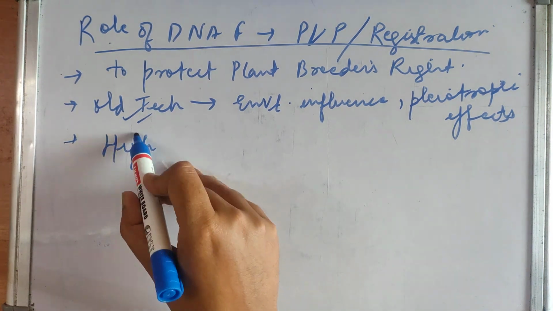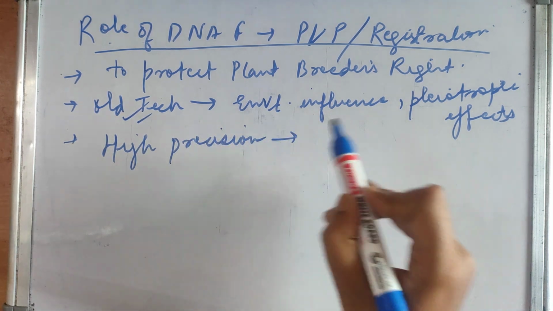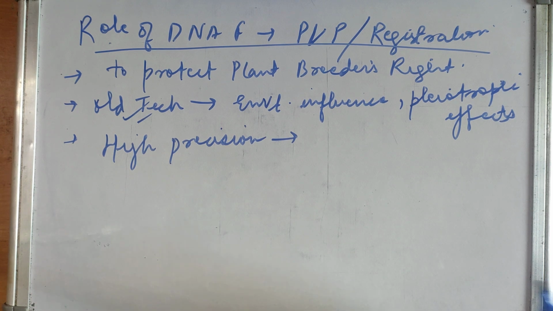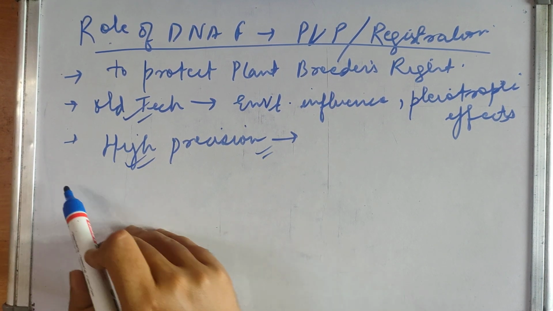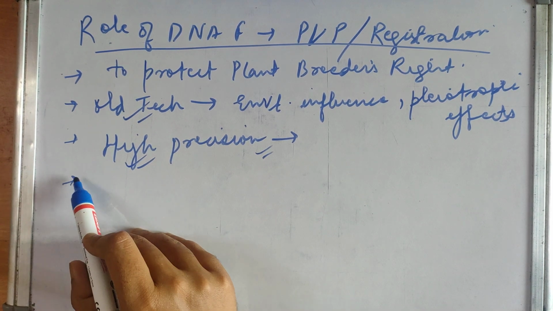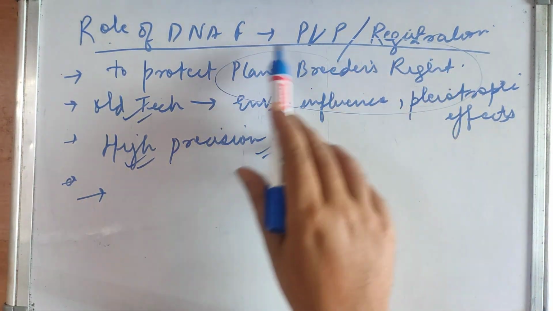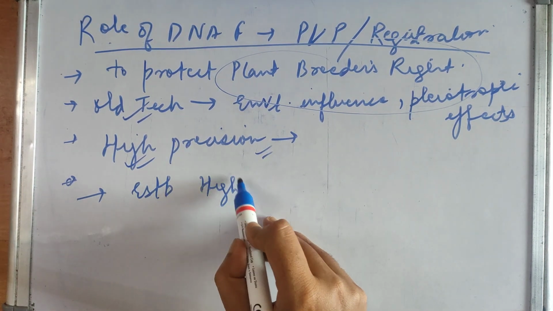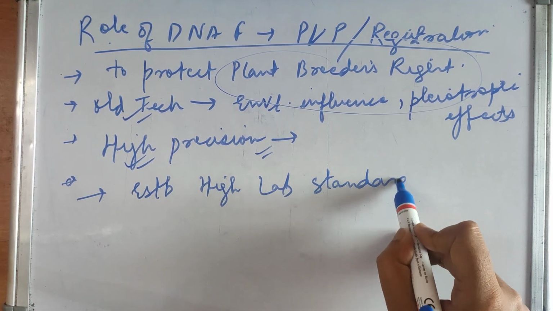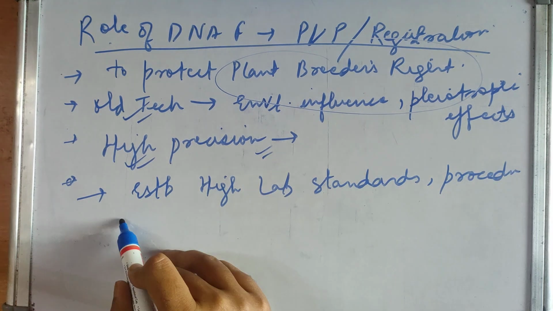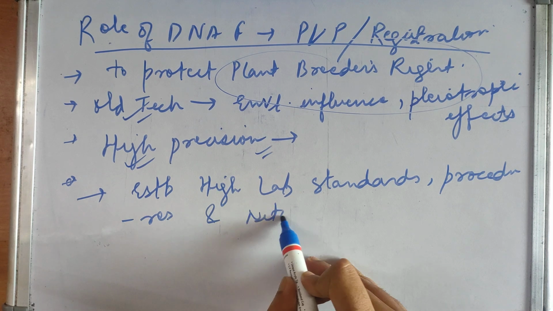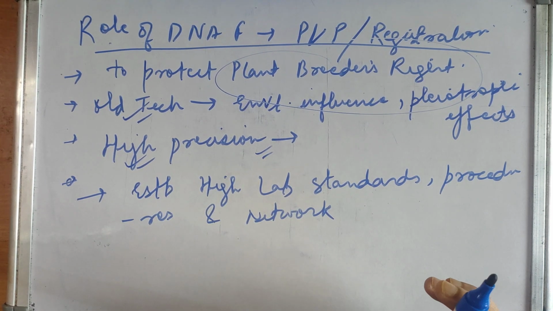DNA fingerprinting shows high precision that leads us to accurately know what the variety is, and whether the variety the breeder is claiming is his or not. It shows with 100% guarantee. That is why it has high potential to protect the IPR of plant breeders. But we also need to establish high laboratory standards, procedures and a network all over the world, because many times there are differences between breeders when there is export and import.